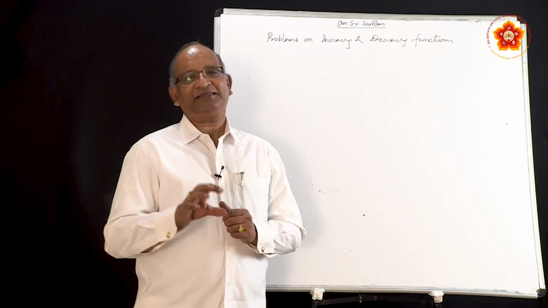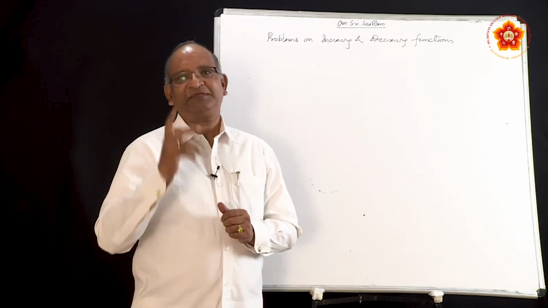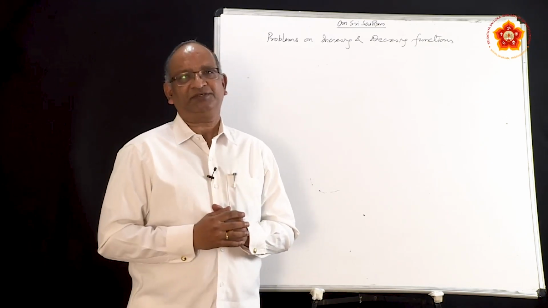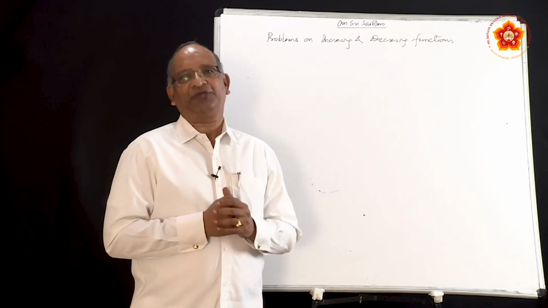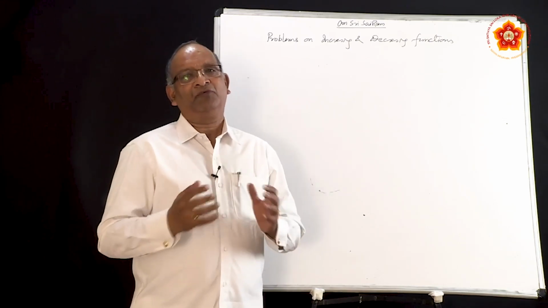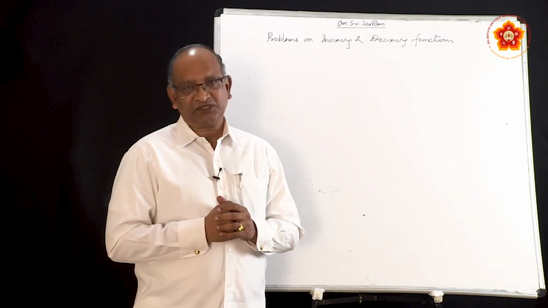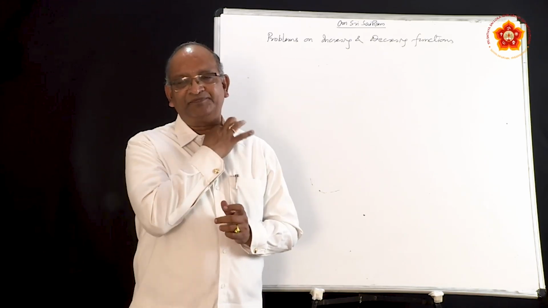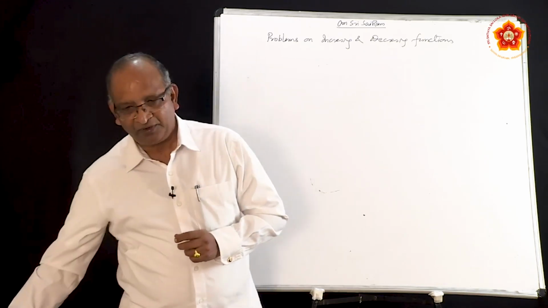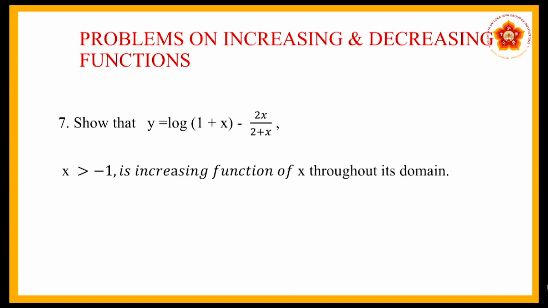What will happen is we will have various mixes of functions and a little bit we have to think how we can find the derivatives and solve. So, let us begin with the problem of this session. The first one happens to be the 7th problem of the textbook. What does the problem say?